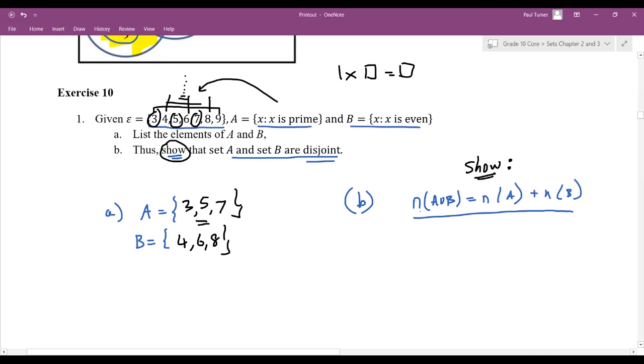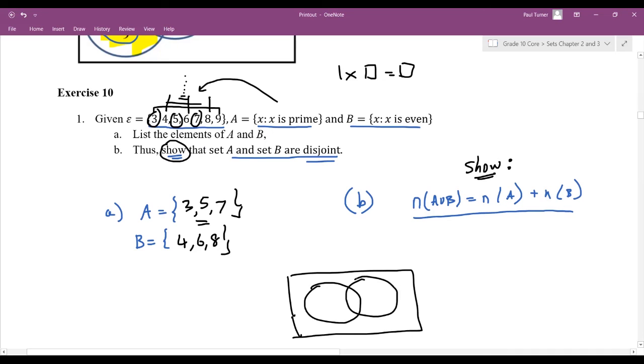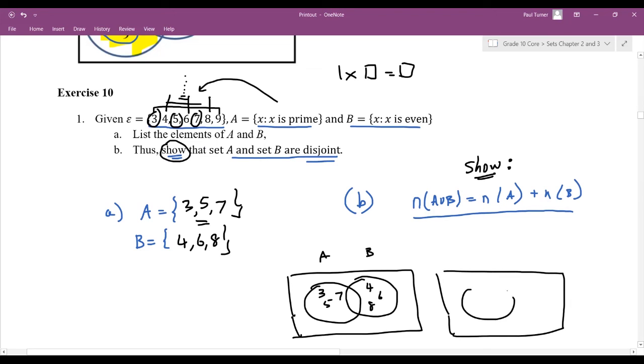So the number in the union, let's make a Venn diagram. Like that, we've got A and B. So 3, 5, 7 and 4, 6, 8. Well, they don't overlap, do they? So again, it's probably better to draw the circles separate like that, A and B, because they don't overlap.